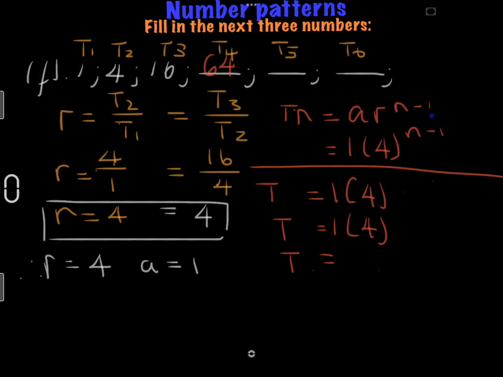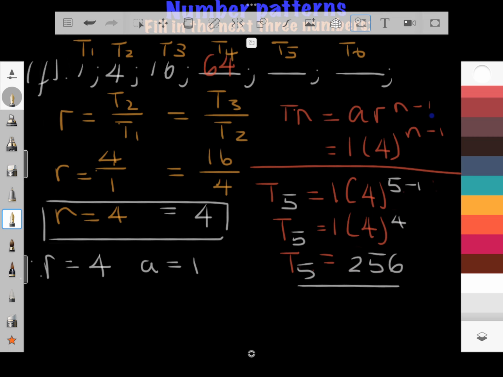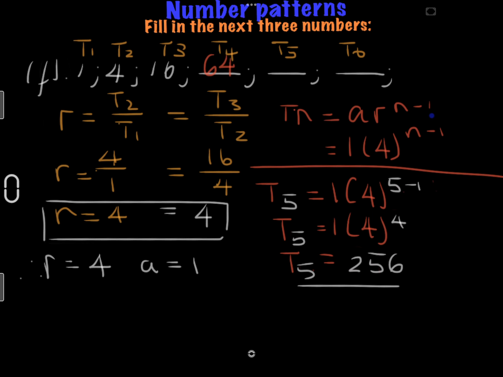We have 5 minus 1, so this will be raised to the 4th power this time. If it's raised to the 4th power, we have the answer as 256. So we have 256 for term 5.